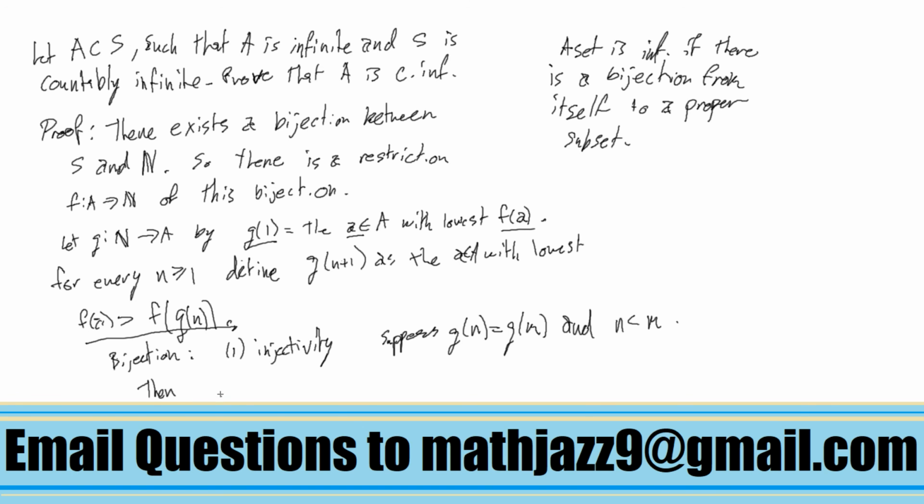Then g of n equals A, and f of A is some natural number. And then we go, well, g of m equals A, and f of A still equals the same natural number.